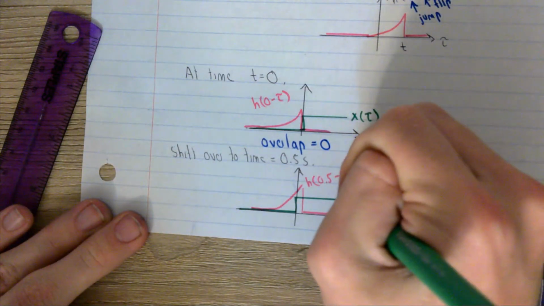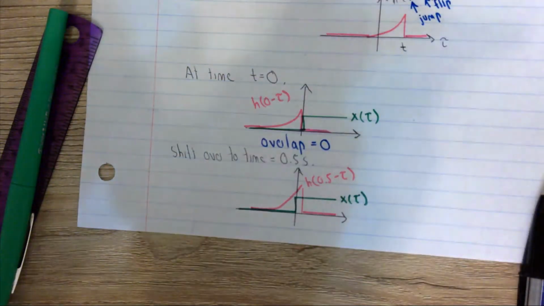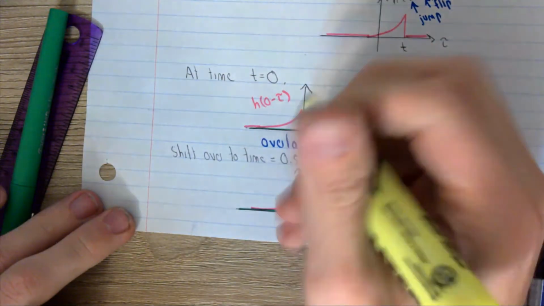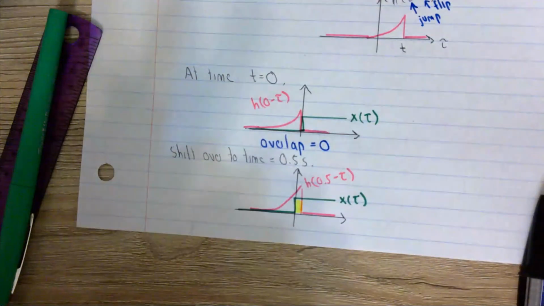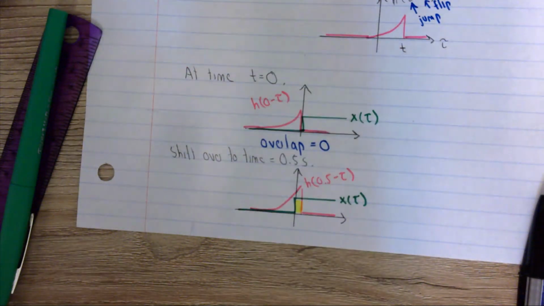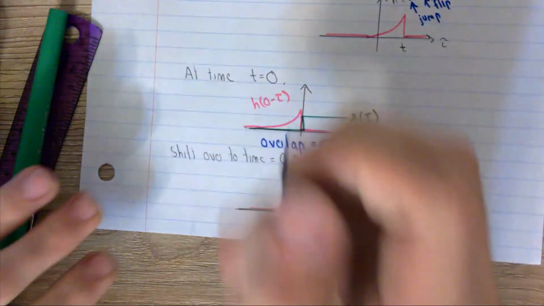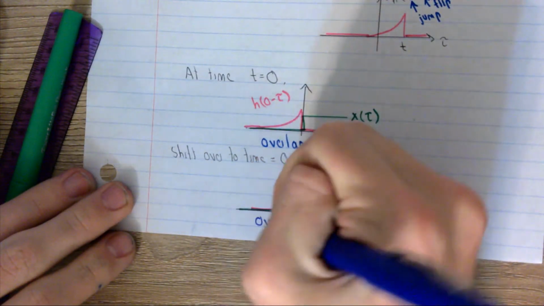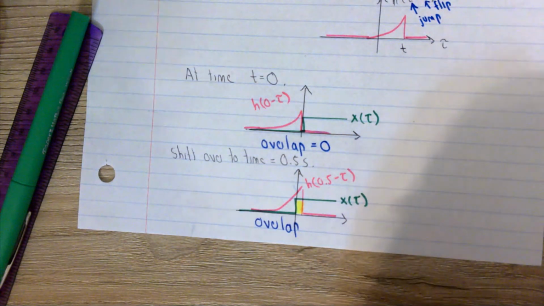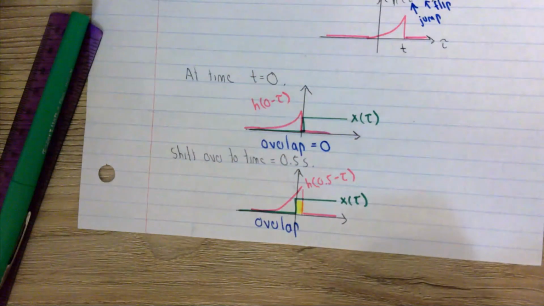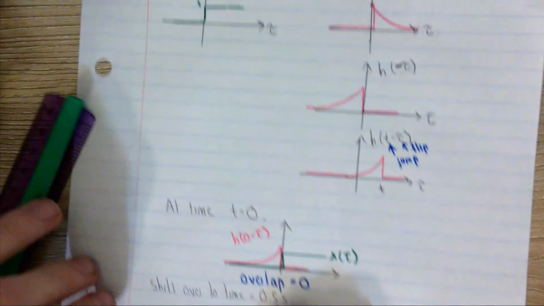And now the area that overlaps between the two is going to be this right here. That's the area that is shared between the two. So the overlap, the area under the curve, is going to be greater than 0, specifically. Here we have overlap greater than 0. Then let's look at time t equals 1.